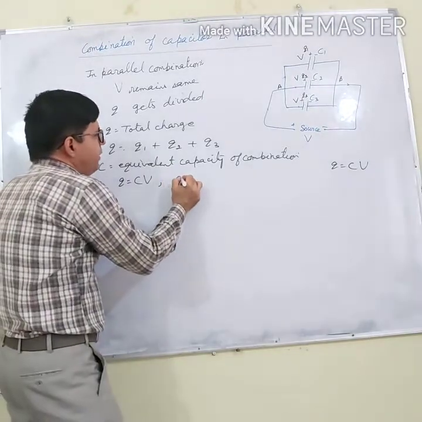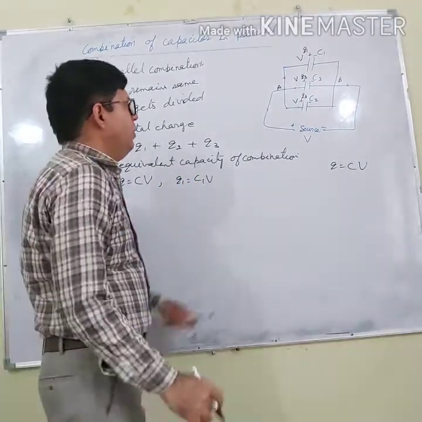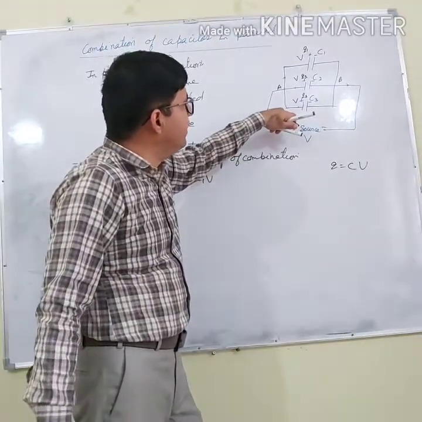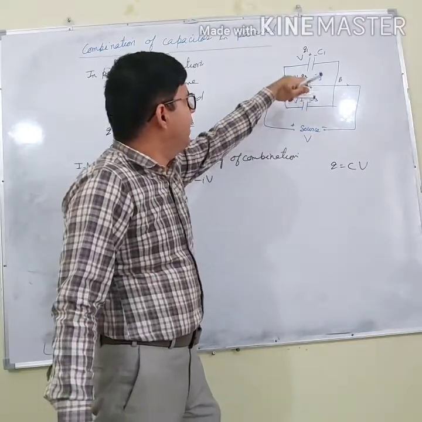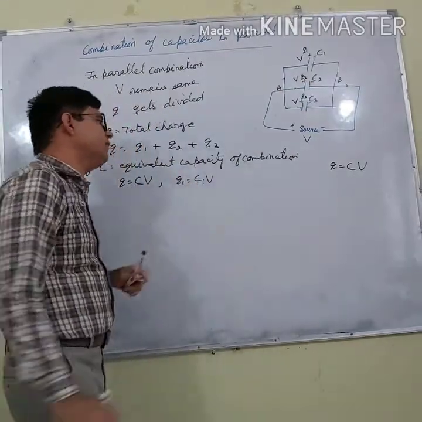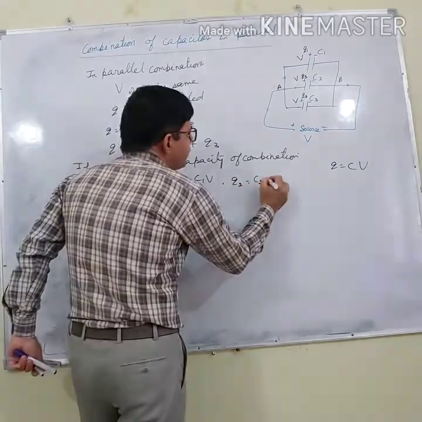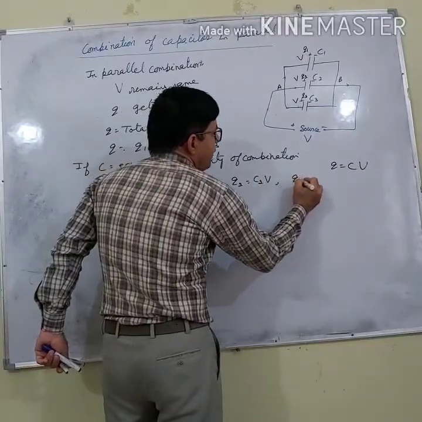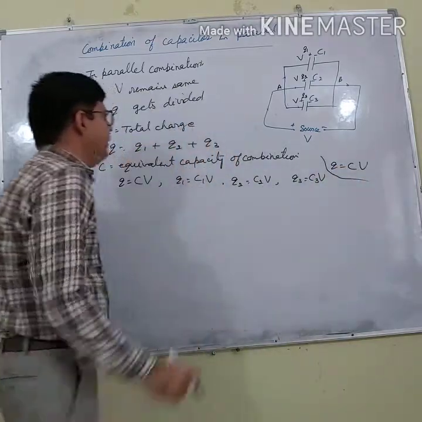And what is Q1? Q1 equals C1V, because in this combination V is same whereas charge is changing. So I can write Q1 is C1V, Q2 equals C2V and Q3 equals C3V.